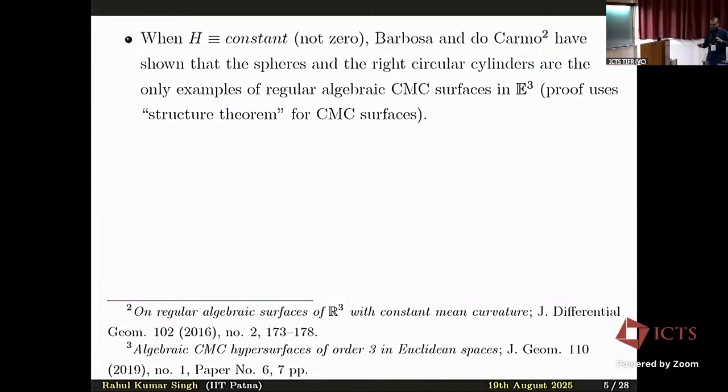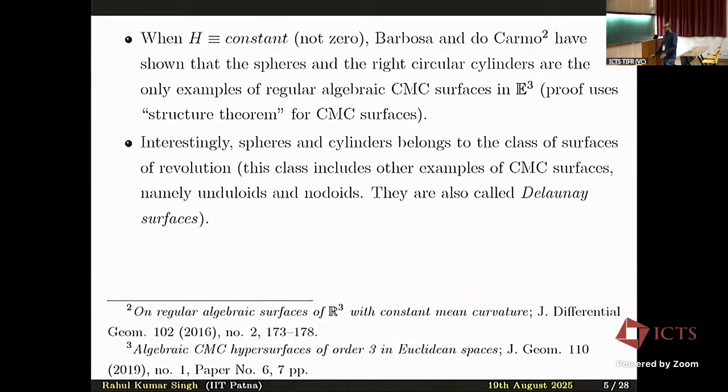There is a structure theorem which exists for properly embedded CMC surfaces with finite topology. It tells you that if you have a regular CMC surface which is properly embedded and has finite topology, then you actually know how its ends will look. He uses that theorem to arrive at the result that the only examples of these regular algebraic CMC surfaces in E3 are the spheres and the right circular cylinders.